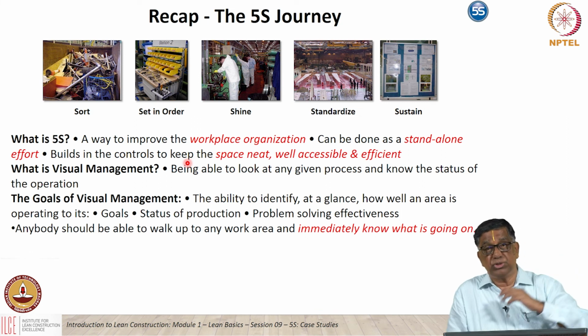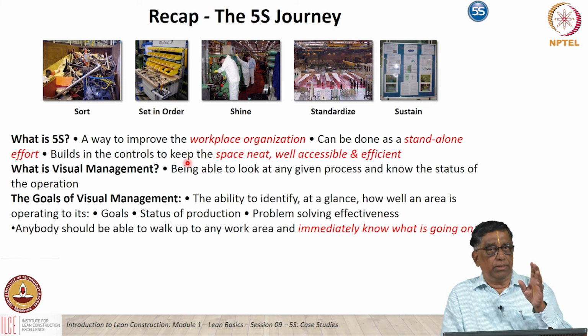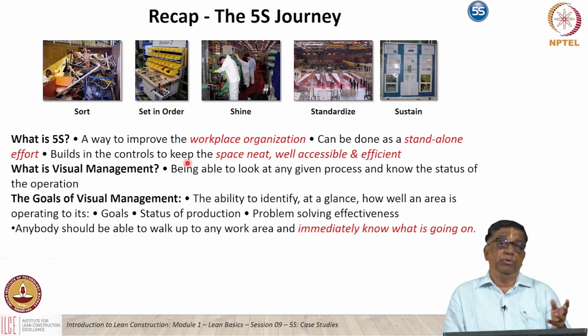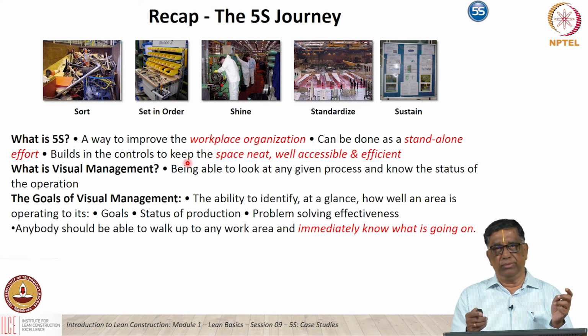We even put up a list of problems and how we solve them, and anybody finally walking into a site will know that it is a 5S site. It's very, very clear and quite apparent, and we also know exactly what work is going on where. So, all these actually are visible indicators of a good 5S site.